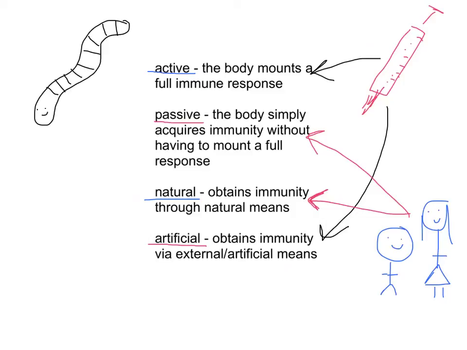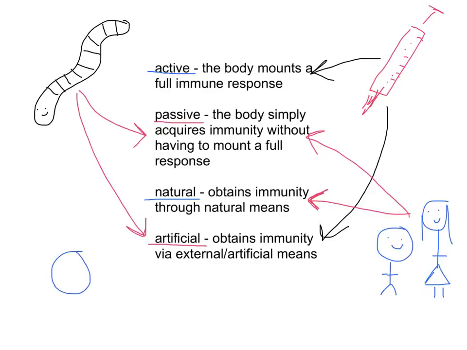You're not making any B cells or antibodies to fight it. You're really just giving something to cancel out the toxin. So an antitoxin is an example of something that is passive because it's not going to mount an immune response, and artificial. So we've had active and artificial with a vaccine. We've had passive and artificial through means of an antitoxin. We've had passive natural through breastfeeding, which only really leaves one left.